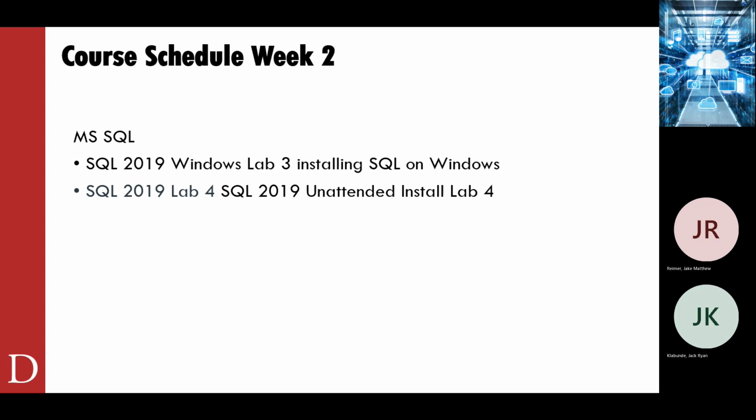So the first lab, we're going to install Microsoft SQL on Windows using the GUI. The second lab, we're going to do an unattended install of Microsoft SQL Server using a script, which is very similar, except for the very last part where we go through the GUI, and right where you normally hit install, we stop.